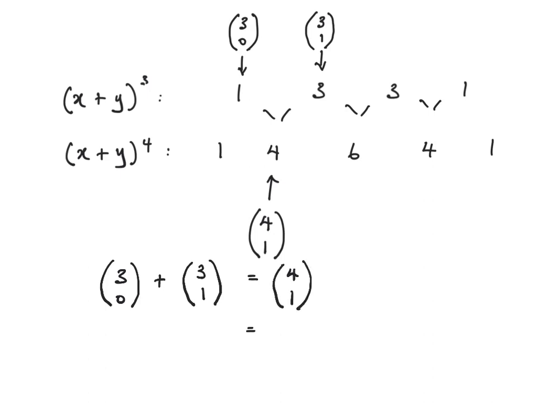Now, if we write this one here as n choose r, how are these two connected? Well, we're going to have n on the top. So we've got 3 here and 4 over on the right hand side, so that'll be n plus 1.